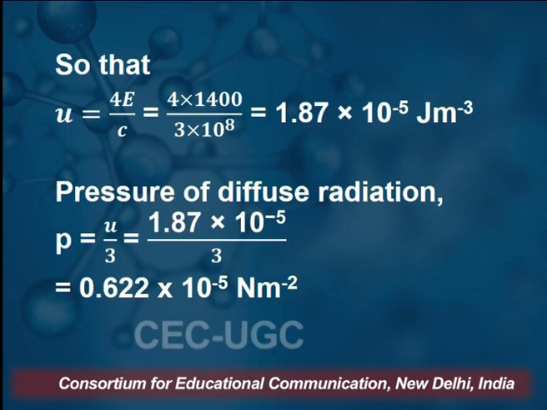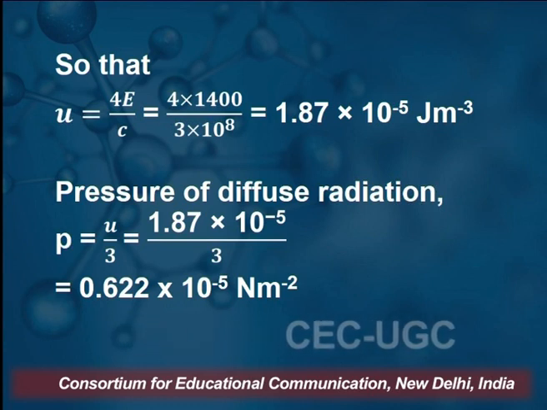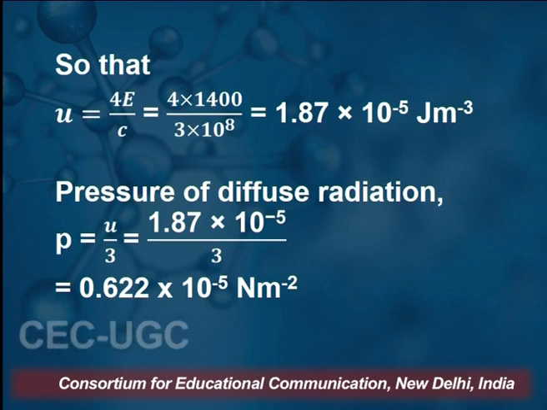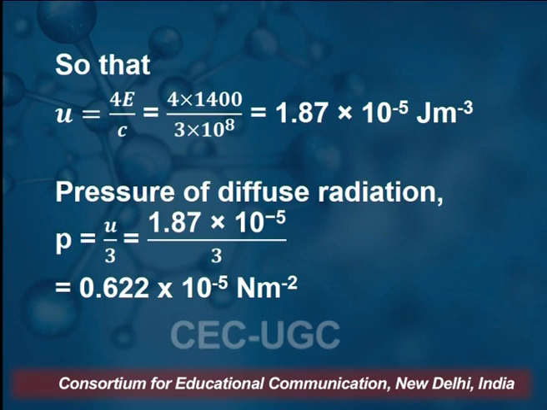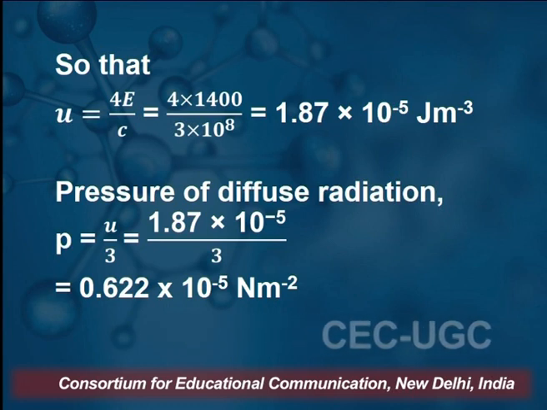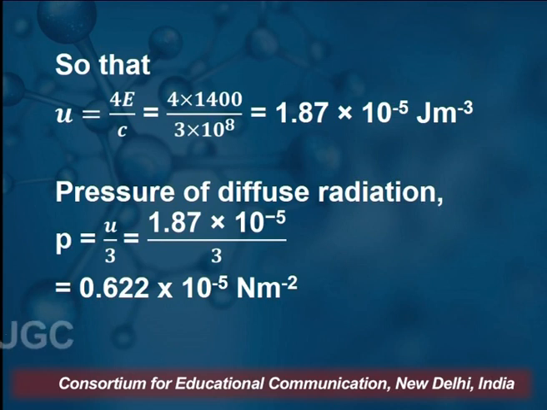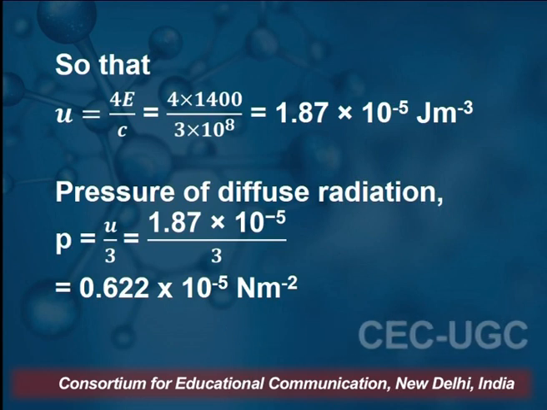E is 1400. What is C? The velocity of light, 3 into 10 to the power 8 meters per second. Substituting and solving, we get small u is equal to 1.87 into 10 to the power minus 5 joules per meter cube.